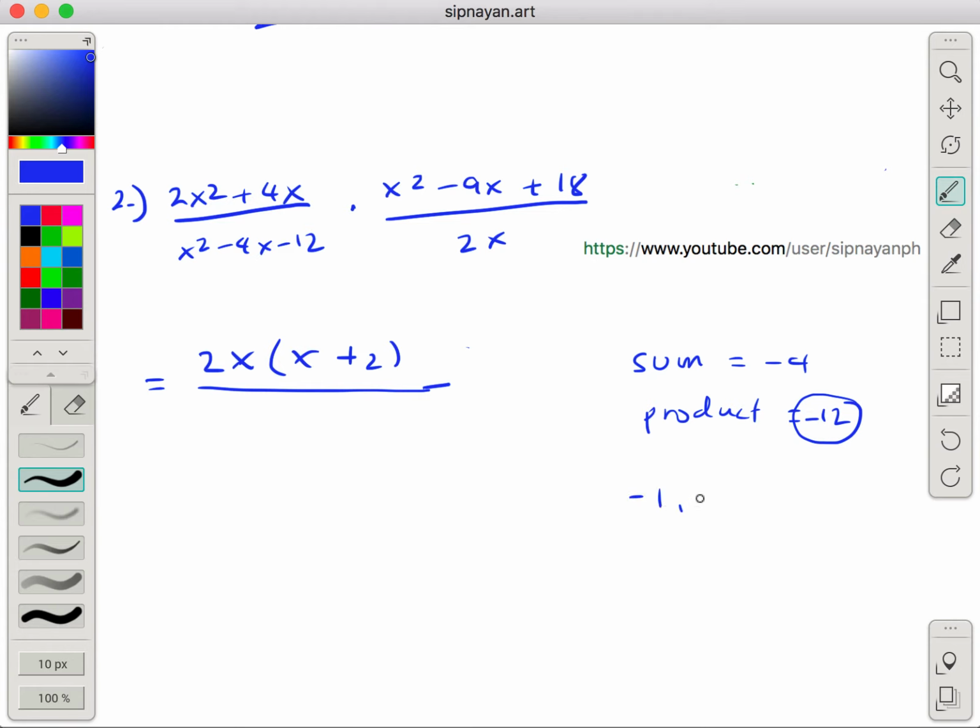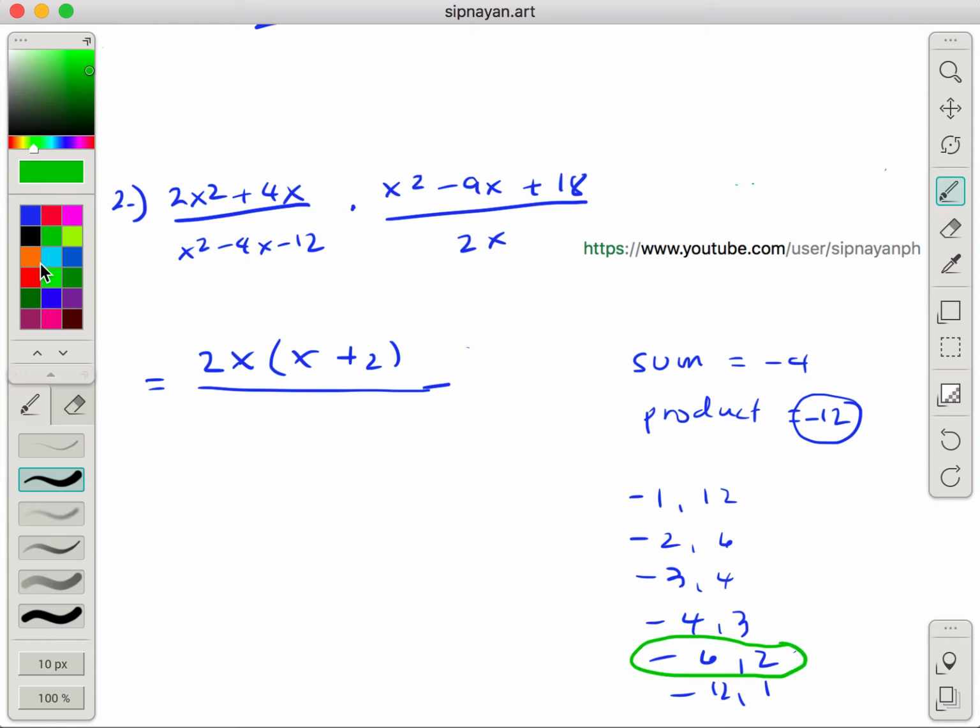Pwede negative 1 and 12, negative 2 and 6, negative 3 and 4, negative 4 and 3, negative 6 and 2, negative 12 and 1. Alin dyan ang sum ay negative 4? Ito ata, negative 6 tsaka plus 2.